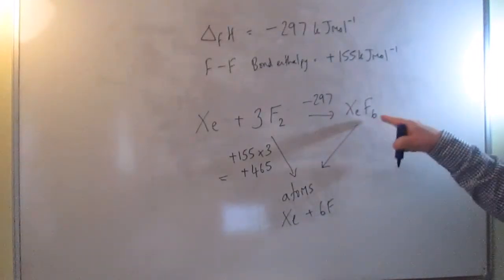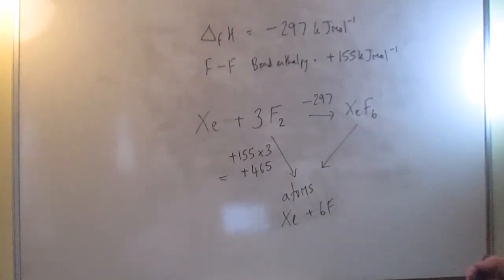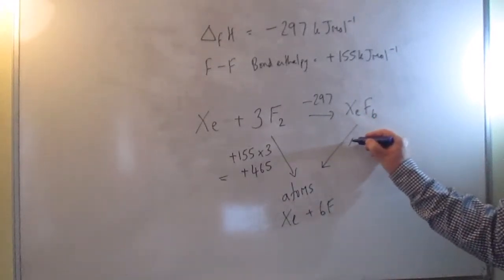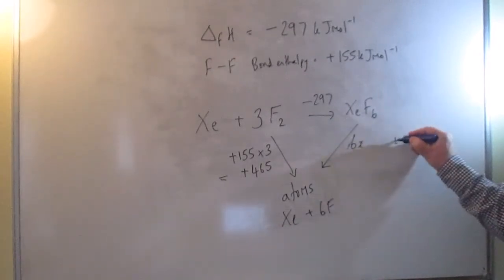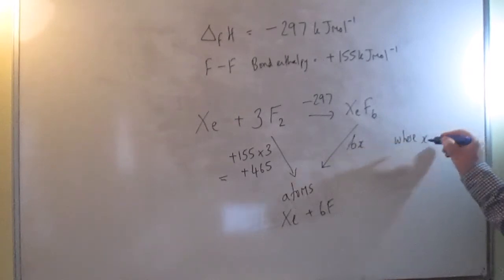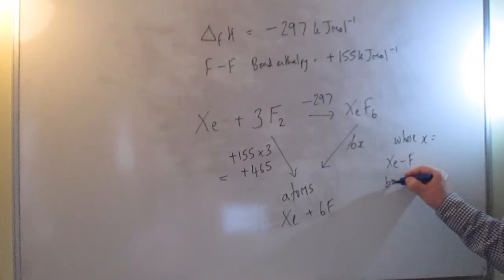And we want to know the XeF6 bond enthalpy. Well, if you go from there to there, you're breaking not just 1 XeF bond, but 6 XeF bonds. So this is 6X, where X is equal to the XeF bond enthalpy.